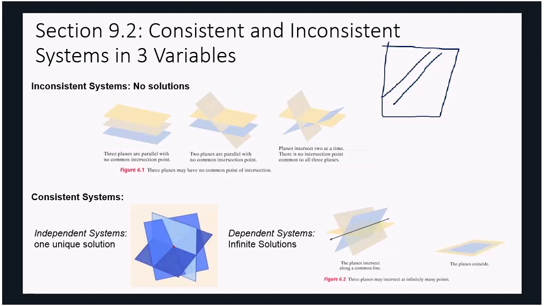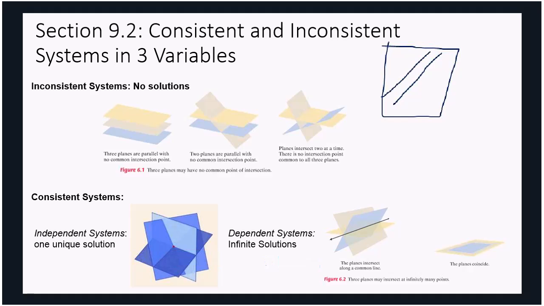And then just like in systems of linear equations, we also have consistent systems, and consistent systems will have a solution. Either you have one unique solution, which is similar to two lines that intersect in one spot, or you have a dependent system with infinite solutions.